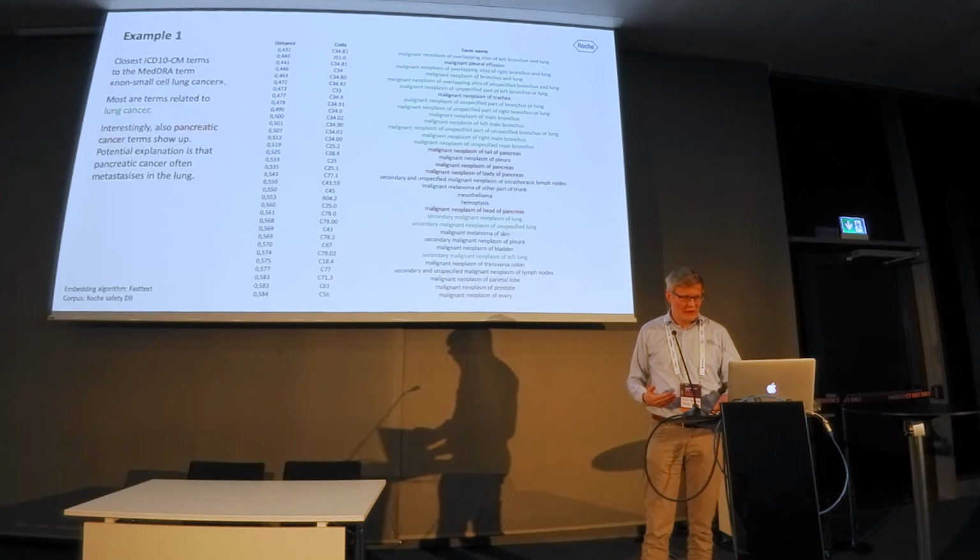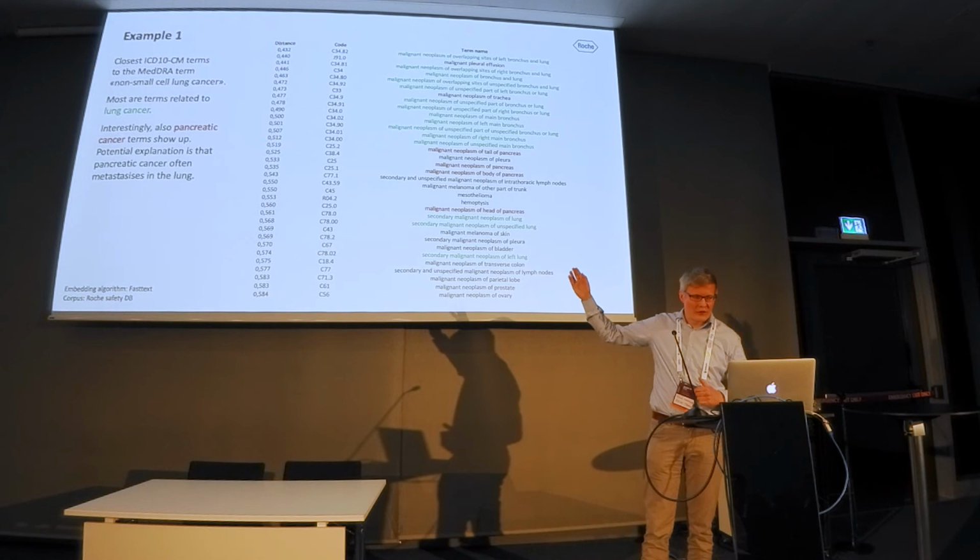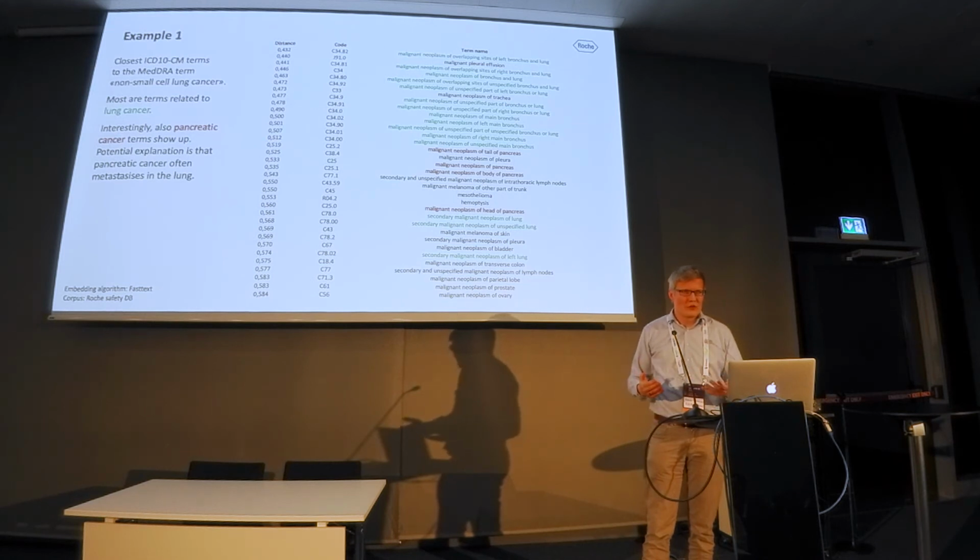Before I go to the validation results, I'm going to give you one example of what the neighborhood of a term looks like. Here I took non-small cell lung cancer, which is a MedDRA term. I had a look at what the closest ICD-10 terms are. As you can see, the terms I have highlighted here in green all have something to do with lung cancer. So it seems to be working.